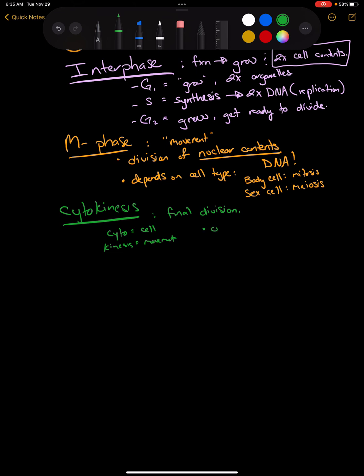This is where my cytoplasm, remember, all the cell contents, divide. I've already divided my DNA, that's what I did during M phase. Now I get to divide everything else, and this is where I get two new cells. Okay?